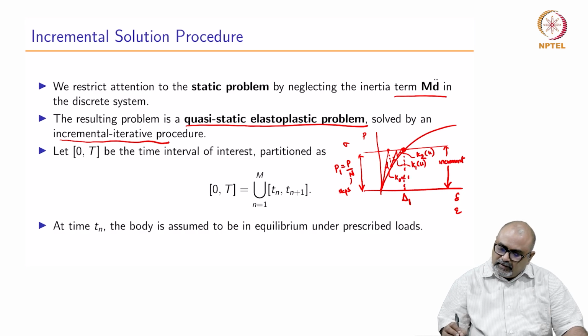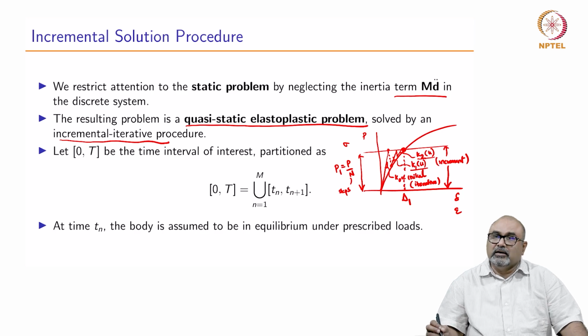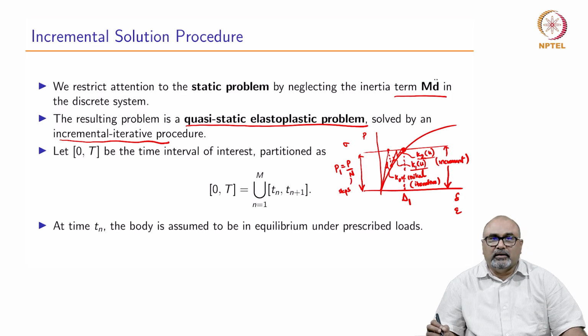So, this is called the initial stiffness. Starting with the initial stiffness, subsequent stiffness values can be evaluated, which are functions of deformation or which can be kept constant, and one can follow an incremental iterative procedure. So, these are the iterations, and this is the load increment that we have to achieve equilibrium in performing a quasi-static analysis.